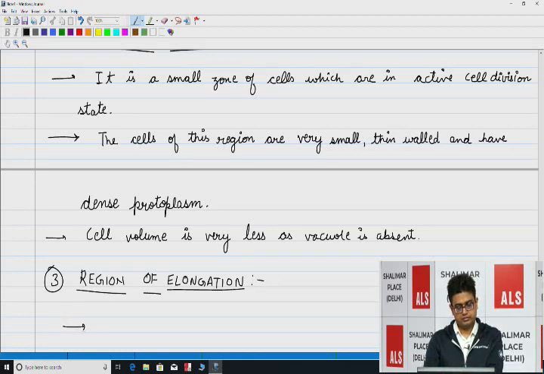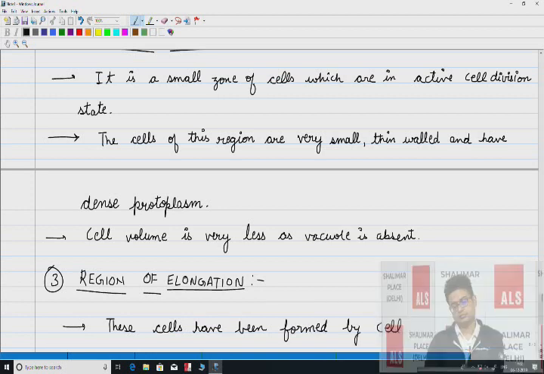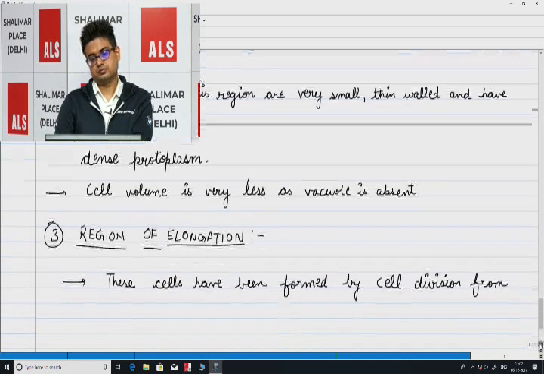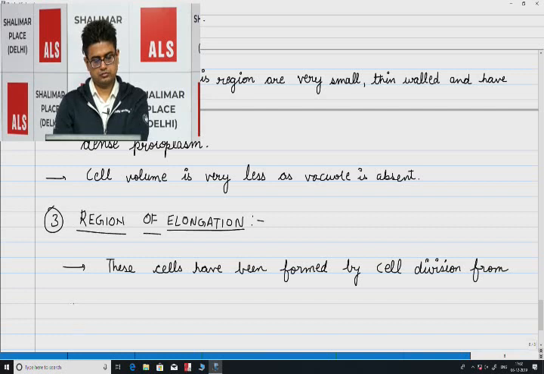You can write here, these cells have been formed by cell division from meristematic cells, from root meristem cells.